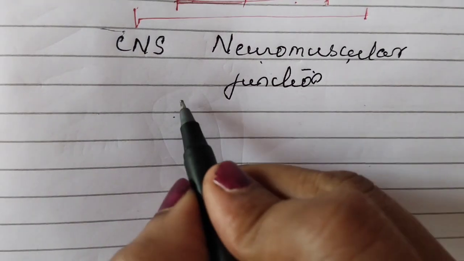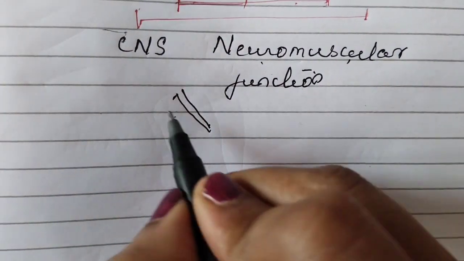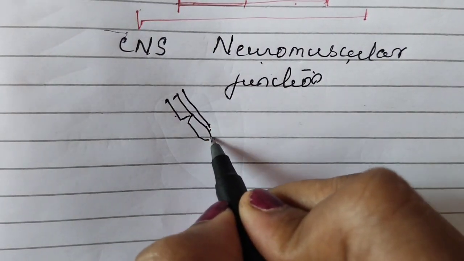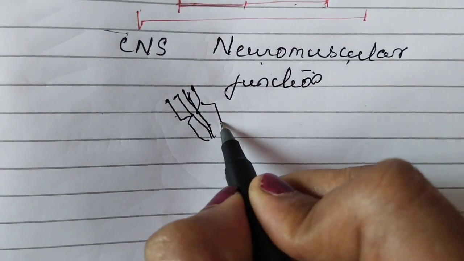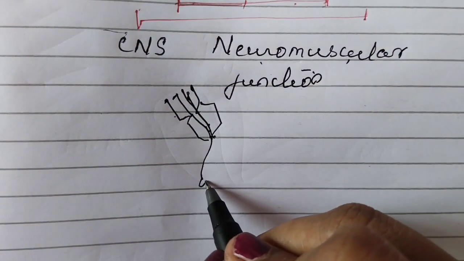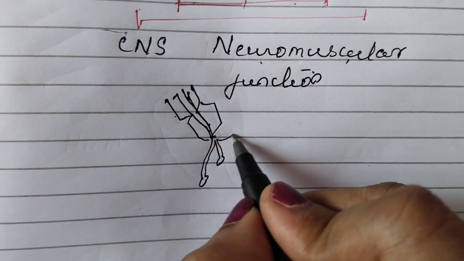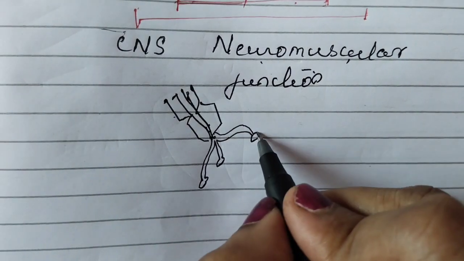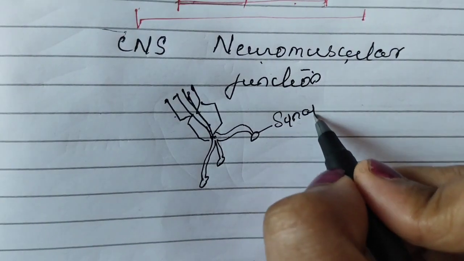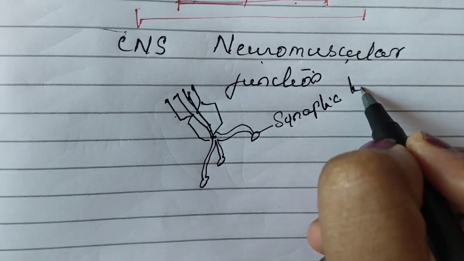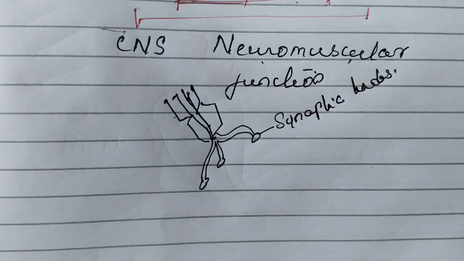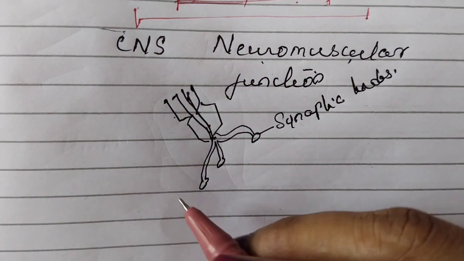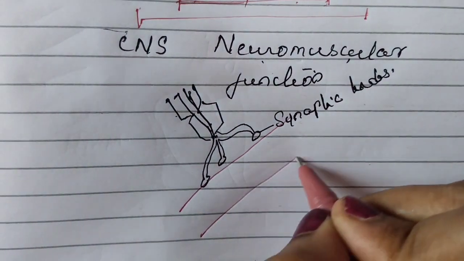So suppose if you see an end of a neuron like this, this is the axon covered with the Schwann cells, and at the end it is branching to form the axonites, and these are the synaptic nodes. So here it is landing over a muscle.